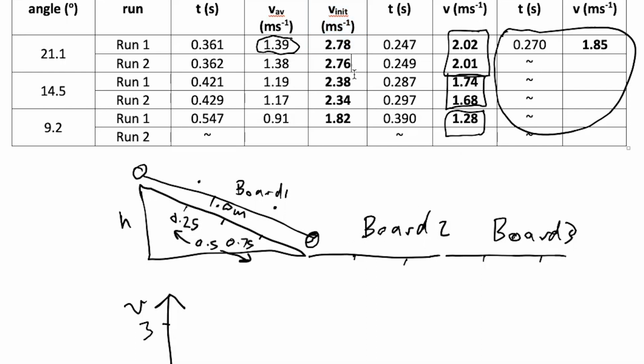So graph these on a separate graph versus angle, and these on a separate graph versus angle, so that you've got some comparisons. And then you can also calculate the acceleration just on our assumption that the acceleration was constant. So effectively it went from 0, from rest at the top of the thing, to 2.77 meters per second by the bottom. What was its acceleration?